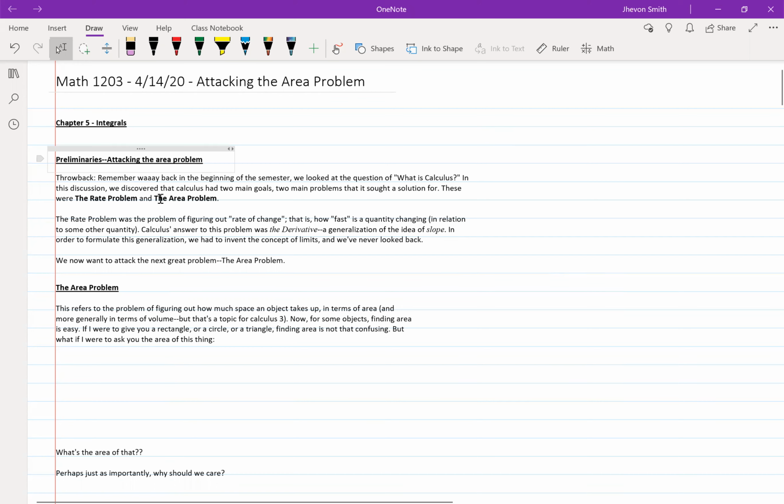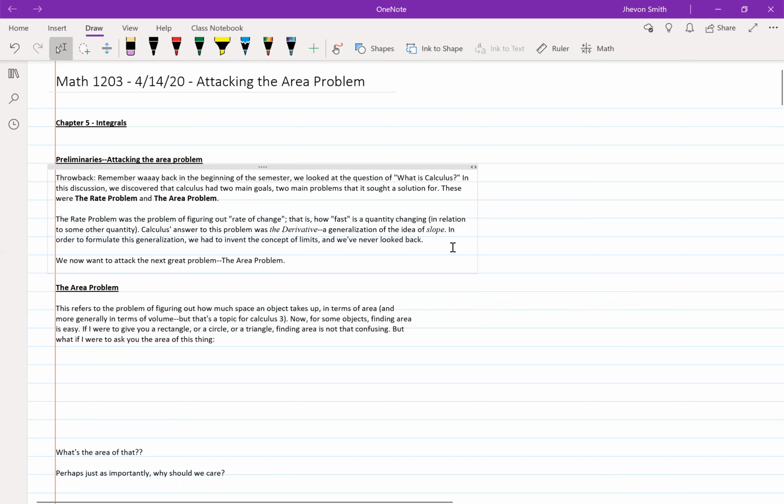The next problem, the second major fundamental problem that calculus was meant to solve, is the area problem. Now, this is the notion of figuring out how much space something would take up. And how much space something would take up is really in terms of area, or, in higher dimensions, volume, hypervolume, or anything of that sort.